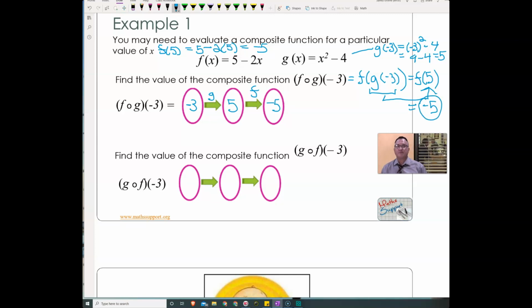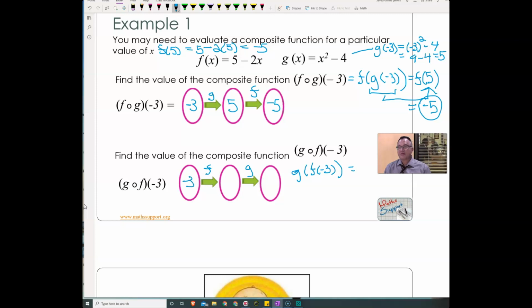Okay, now if we switch the order, does it matter? All I did here was, instead of going into G first, we're going to put it into F, and then put it into G. So we'll first do G of F of negative 3.